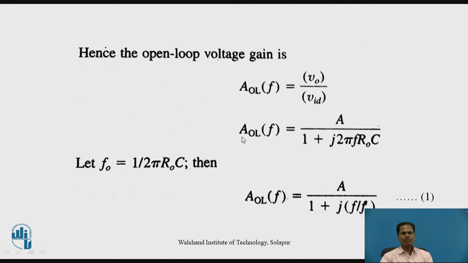So open loop voltage gain as a function of frequency is equal to A upon 1 plus J into 2 pi F Rho C. Let FO stand for the break frequency. The break frequency of the operational amplifier is equal to 1 upon 2 pi Rho C. Then the open loop voltage gain as a function of frequency is equal to A upon 1 plus J into F upon FO.